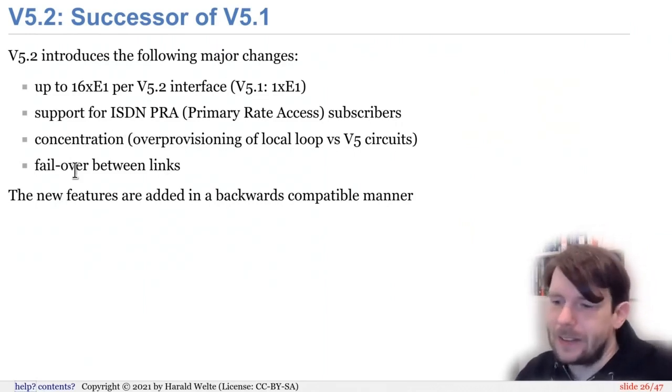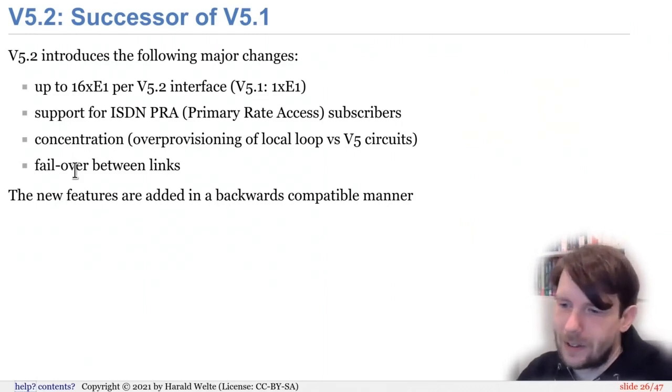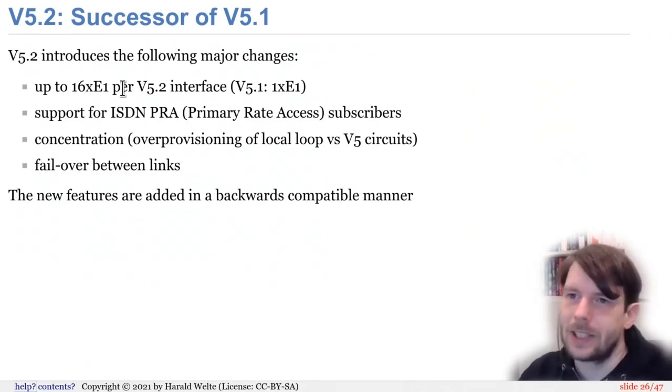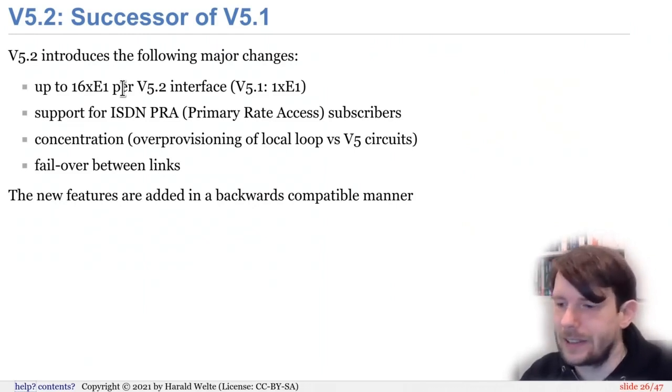And last but not least, there's also failover between links. Since now we have multiple E1 lines, you could deploy those in a redundant structure, so that if a subset of those links fail, your interface is still running, maybe with full capacity, maybe with reduced capacity, but at least it's still running, and there is a related failover mechanism.